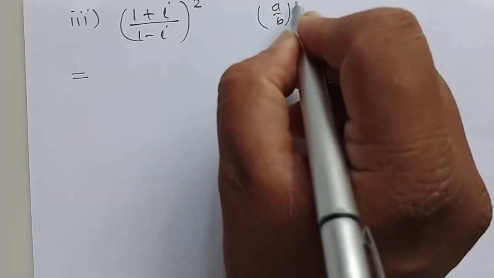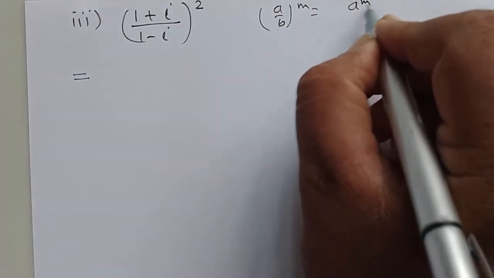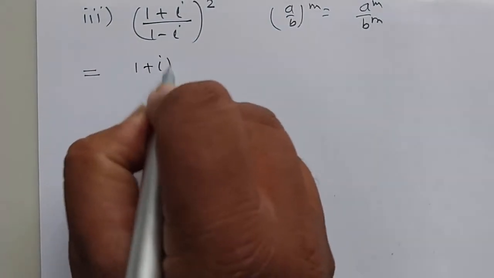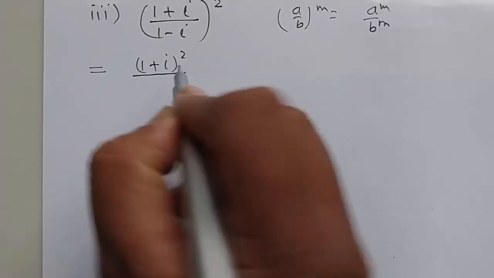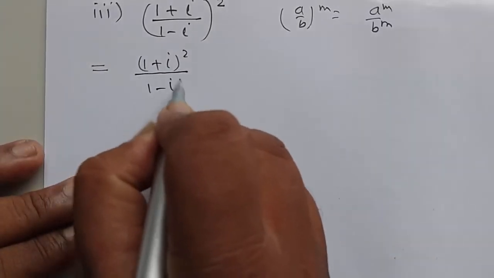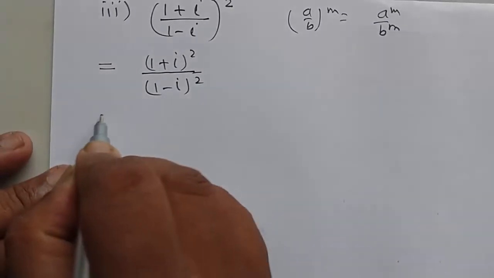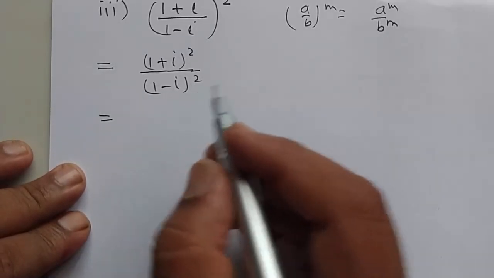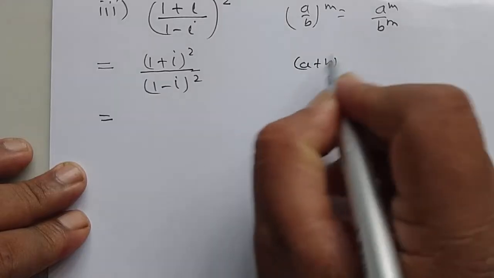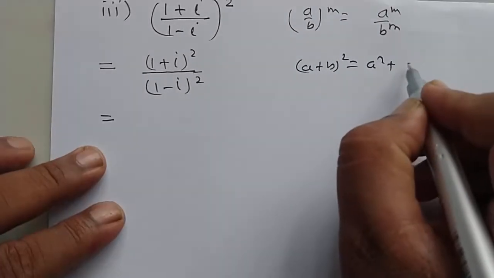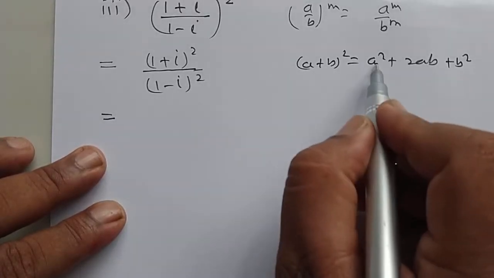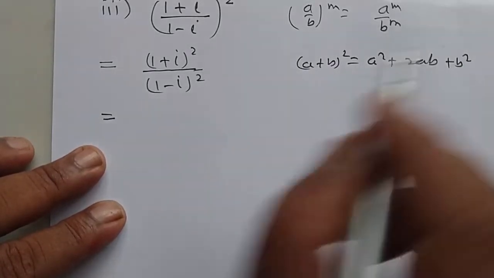Using this, (1 plus i) bracket square upon (1 minus i) bracket square. Now squaring, (a plus b) bracket square is equal to a square plus 2ab plus b square, and (a minus b) square is a square minus 2ab plus b square.